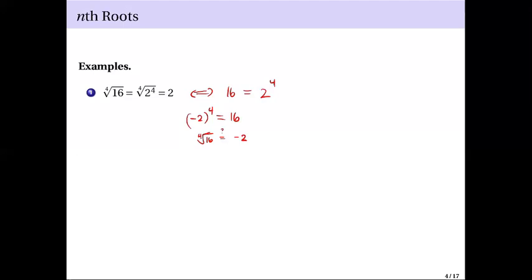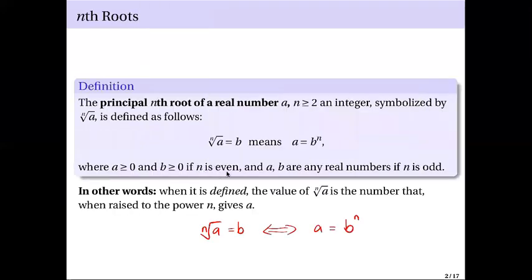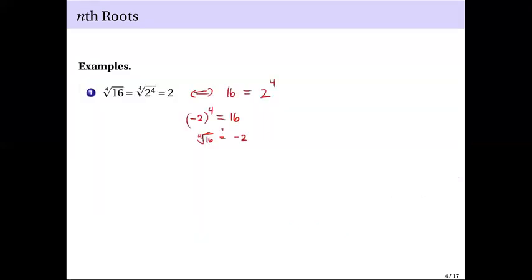Now, if you go back to the definition in here, when n is even, both a and b must be positive or equal to 0. So a and b are both greater than or equal to 0 when n is even, which means that this one here will not follow the definition that we are going to use.